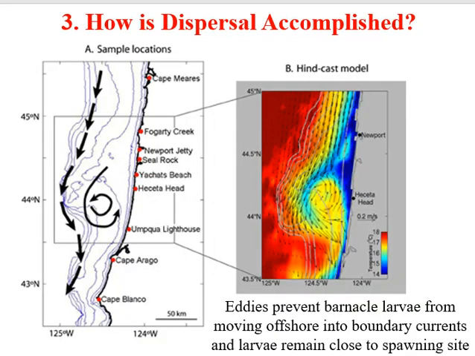So for instance, if you're looking at barnacles, they're not moving anywhere to spawn. They're stuck to the rocks, and they're going to spawn right where they live. So these larval barnacles go out into the ocean, into the water column, but there's these gyres that tend to move them not away from shore.